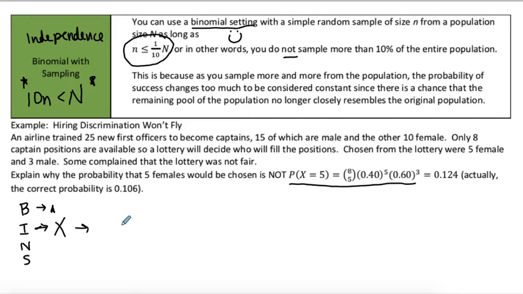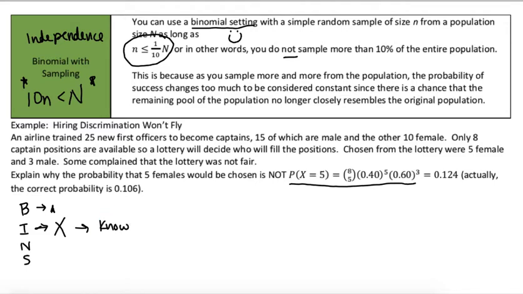This is not independent because choosing one female now affects the rest of the numbers. There's only 15 of the 25 who are female, and 8 are going to be chosen for these positions. When we take one out, the denominator to choose the next one changes from 25 to 24. That's going to change our independence.